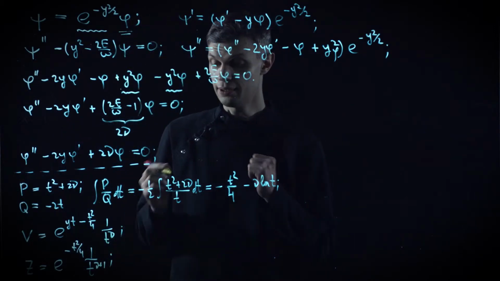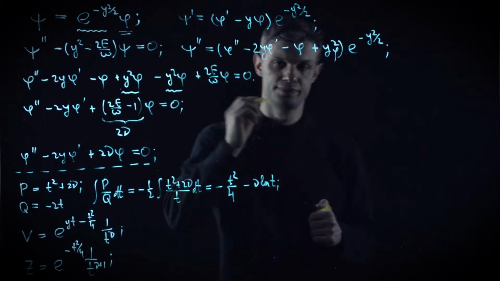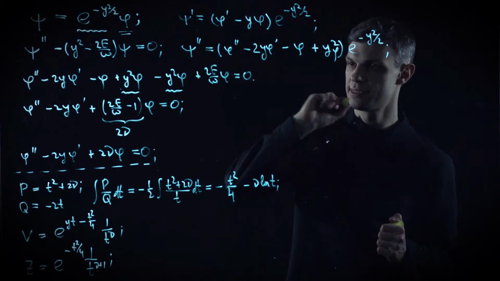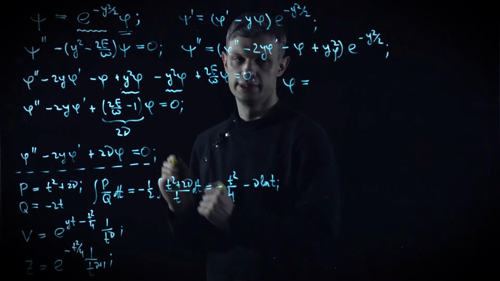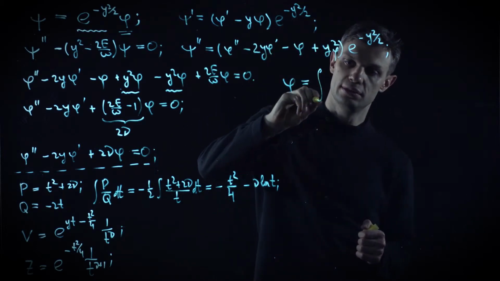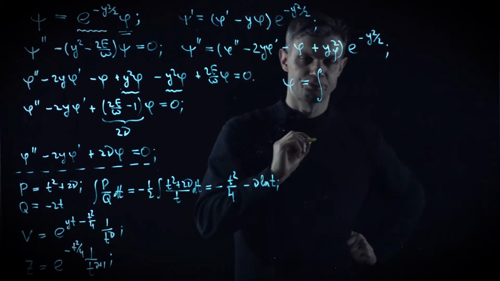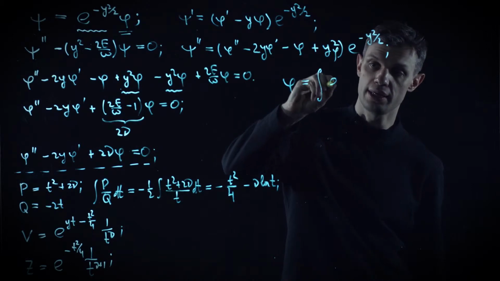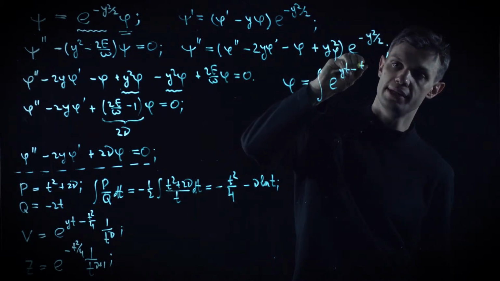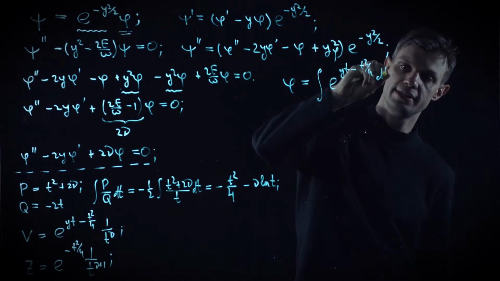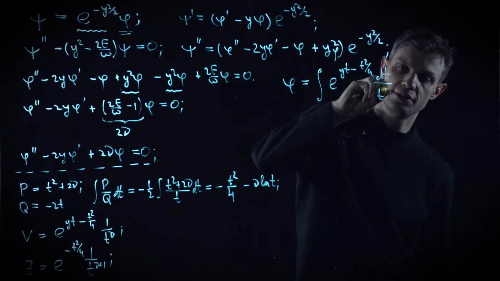Fine. And finally, our exact solution. The exact solution is given in terms of the contour integral of the z function: e to yt minus t squared over 4 dt over t to the 2 nu plus 1.